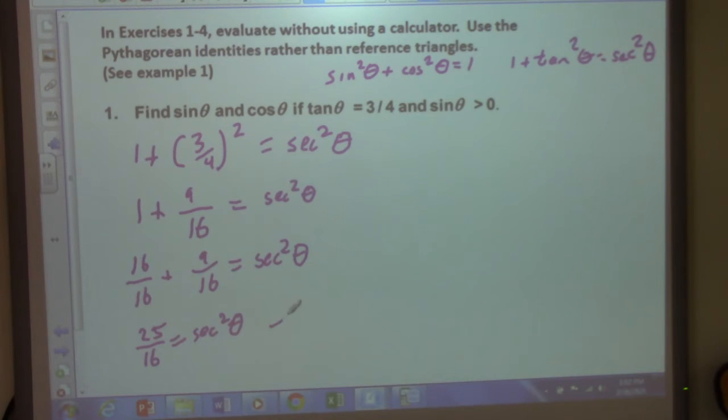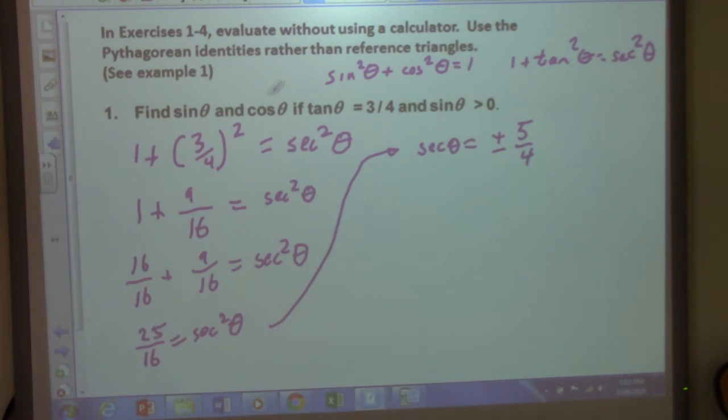Yeah, so square root, I'm going to come up here like this. So we have secant theta is going to be equal to plus or minus the square root of this, which is going to be 5/4. Is that right? So 5/4. We want to find cosine theta.